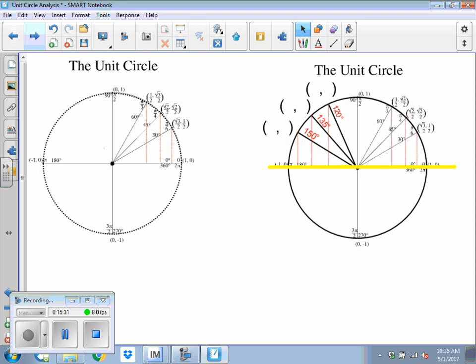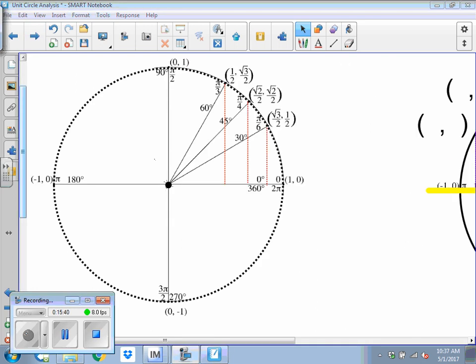All right, so let's look at this, don't copy this down, just pay attention. Let's look at this right here, and it might be kind of difficult for you. Okay, so I just made this bigger. So this is just the first quadrant of the unit circle, what we just did, okay? If this is my 30-degree angle, here's my little right triangle.